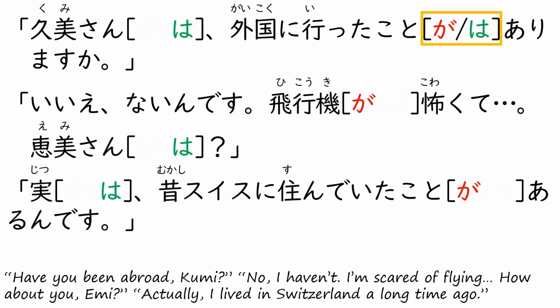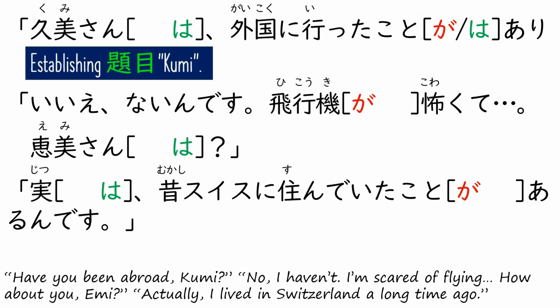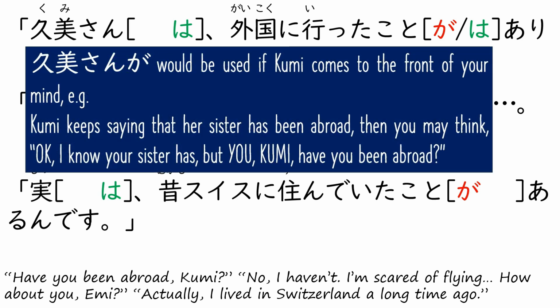久美さんは外国に行ったことがありますか？外国に行ったことはありますか？いいえ、ないんです。飛行機が怖くて。エミさんは？実は昔スイスに住んでいたことがあるんです。The speaker has selected the 題目, Kumi, in a new conversation. Ga would be used if Kumi comes to the front of your mind. For example, if Kumi keeps saying that her sister has been abroad, you may think, okay, I know your sister has, but you, Kumi, have you been abroad?